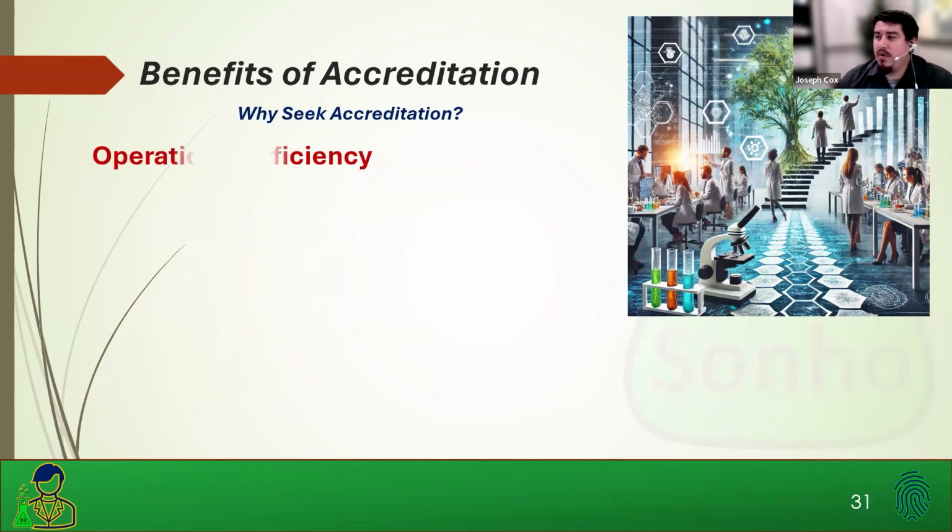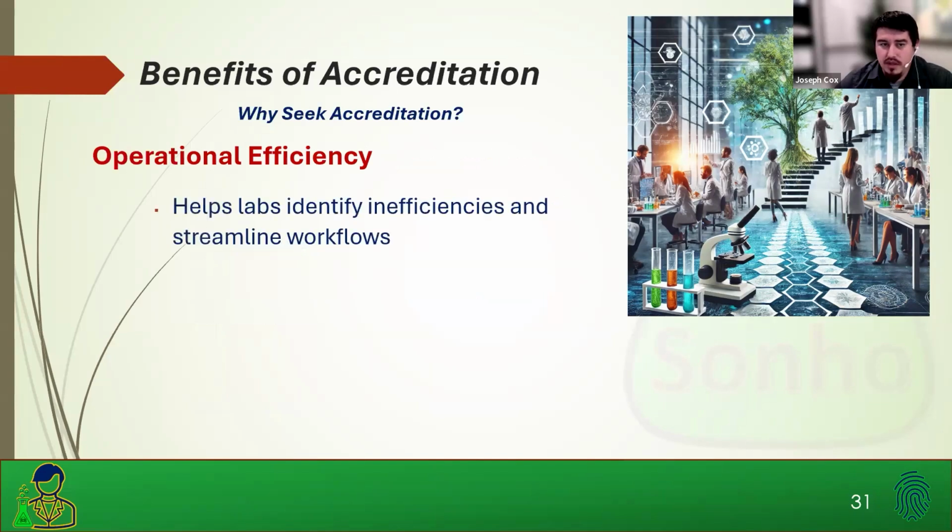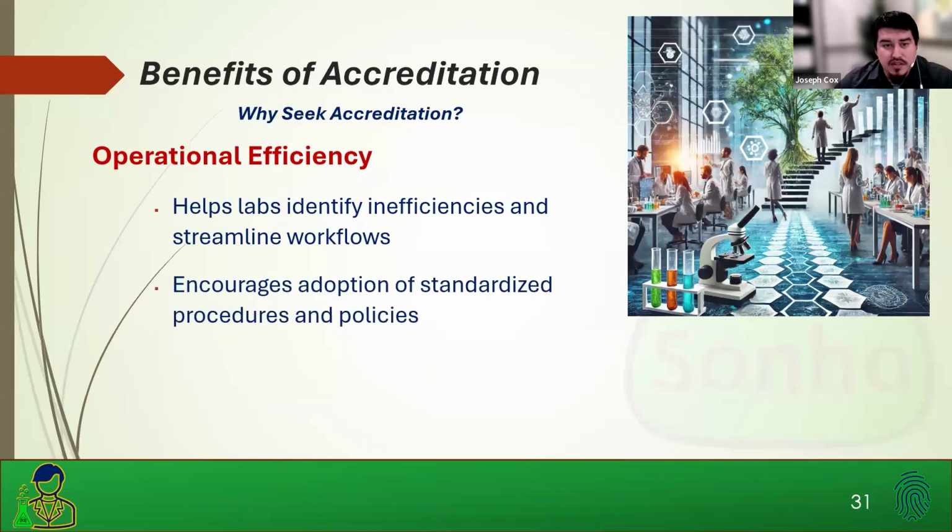The whole purpose of doing these things, of making accreditation and compliance better, is to have operational efficiency. They help labs identify inefficiencies and streamline workflow. The whole purpose of improving quality is to make things better, and when you make things better, it becomes more efficient. They encourage adoption and standardization of policies and procedures.